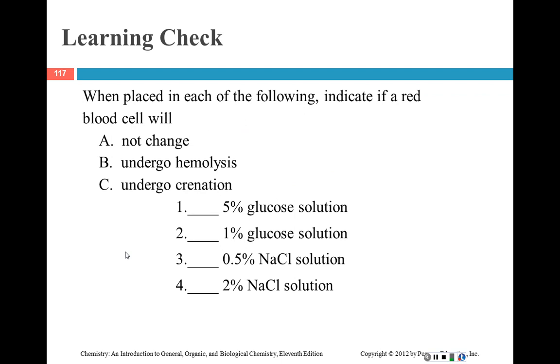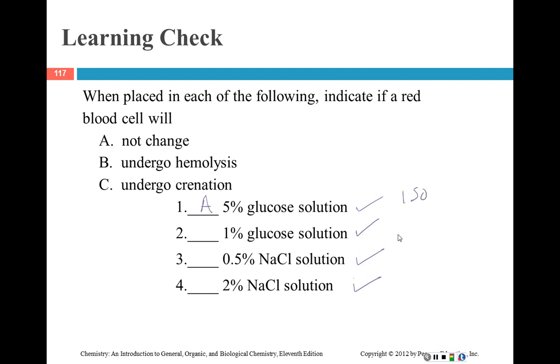So predict what would happen to the red blood cells if we did the following. Okay, we said this is isotonic. That would be hypotonic. This would be hypotonic, and this would be hypertonic. So if our red blood cells are put in a solution of 5% glucose, they should be okay, right? Because that's iso.